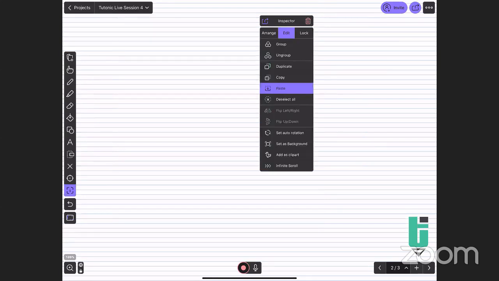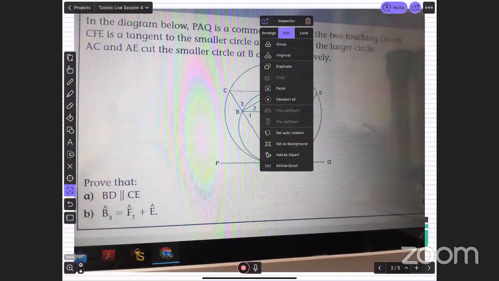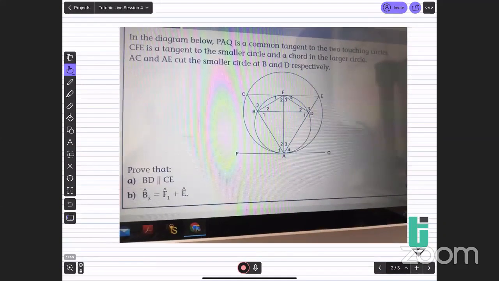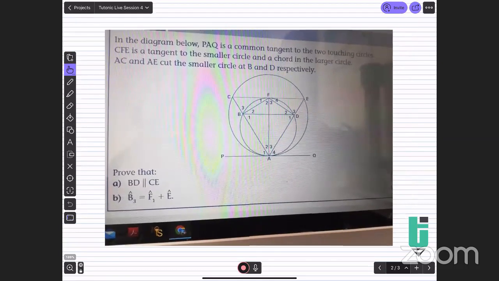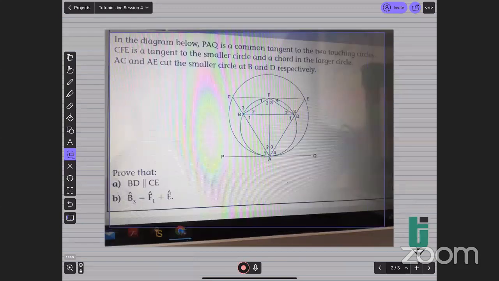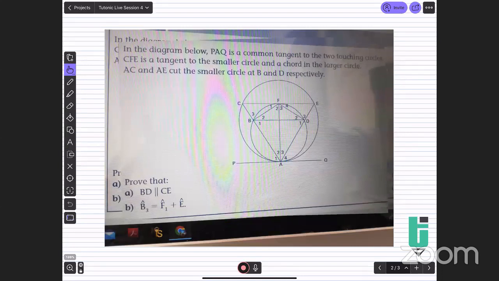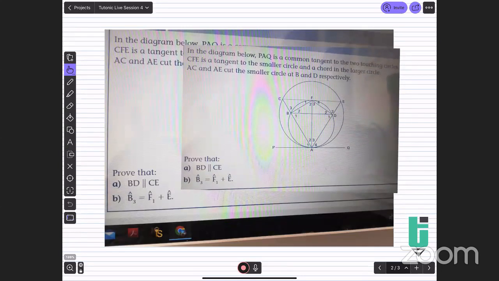Okay. Have you managed to watch the concept videos on circle geometry? I have been going through them, but I haven't finished all of them as yet. Okay. Also, maybe have you seen the Tutonic bank yet? Can you repeat that, please? Have you seen the Tutonic bank? No.